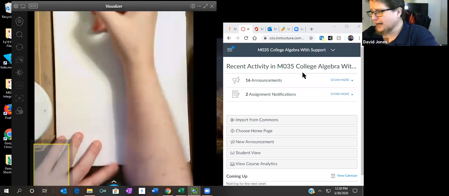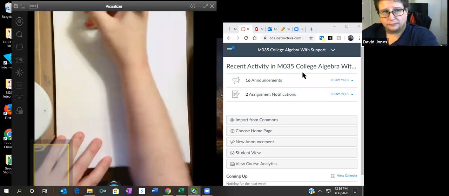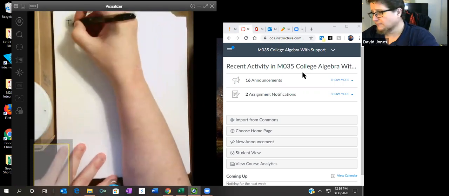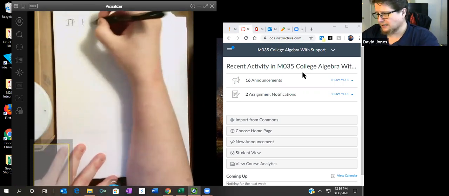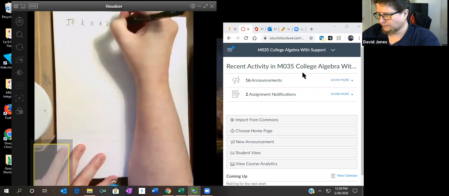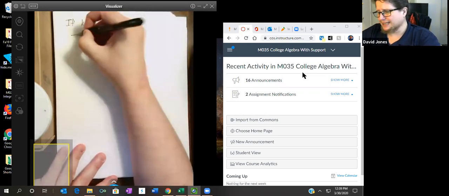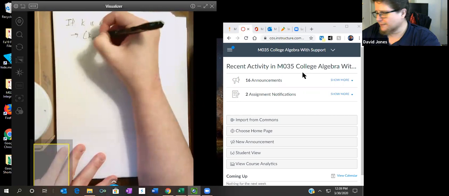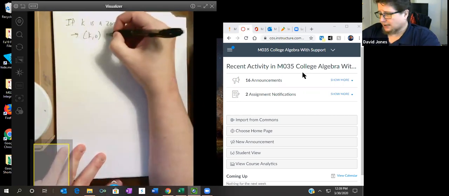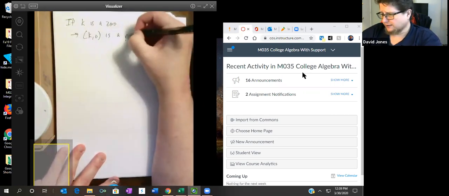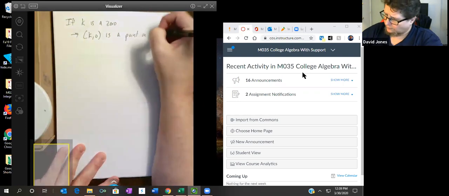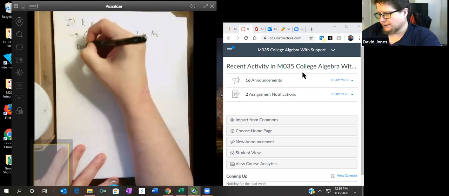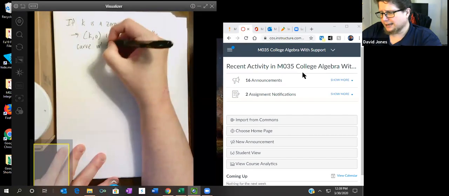And so if k is a zero, what that means is that k comma 0 is a point on the curve, which makes it an x-intercept.